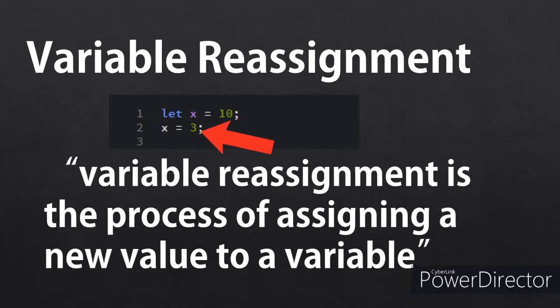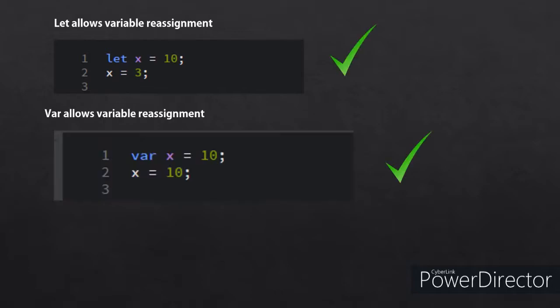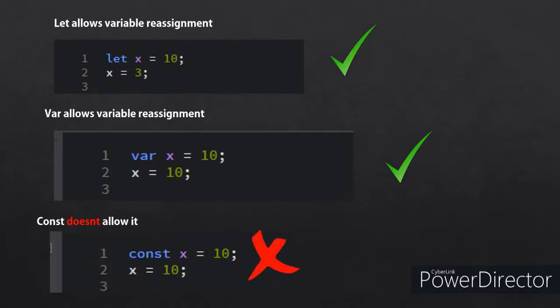Variable reassignment is the process of assigning a new value to a variable. Let allows variable reassignment. var allows it as well. However, const does not allow reassignment of variables.